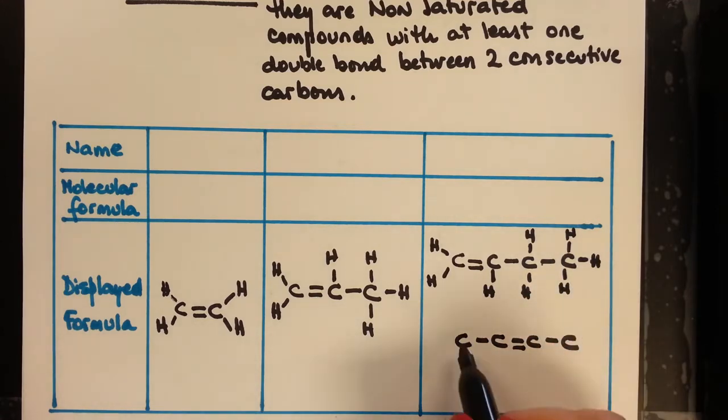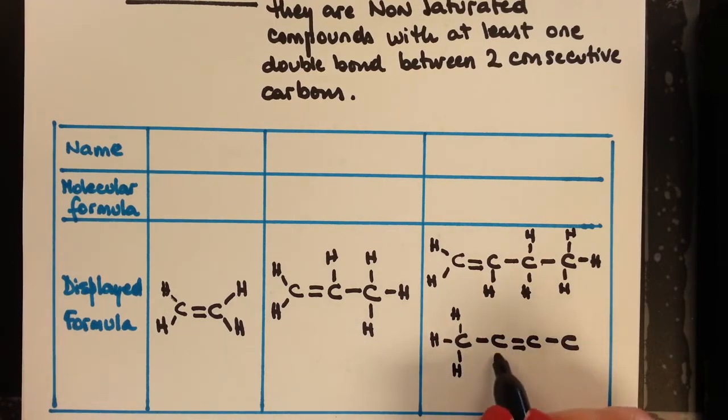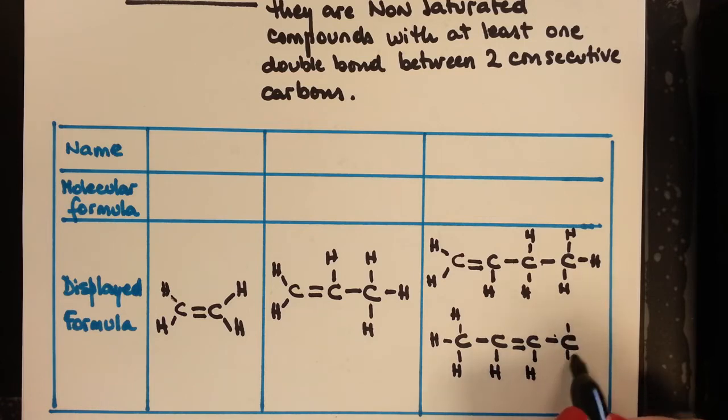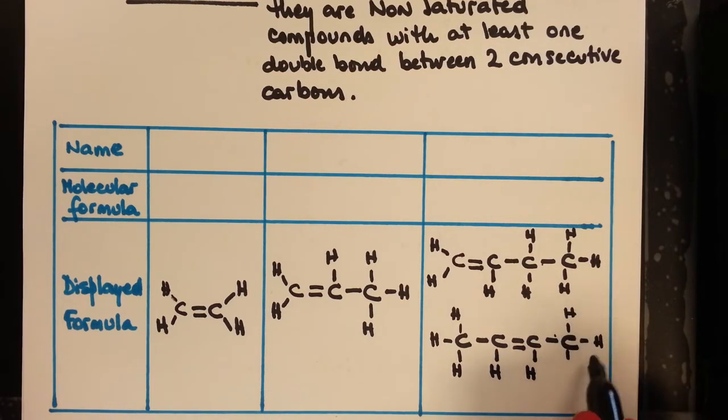And in this one, I have only one bond here, so I need 3. And this one has 3, so it needs 1. This one also has 3, 1, 2, 3, so it needs 1. And this one needs 3 to complete the 4 bonds that are needed.